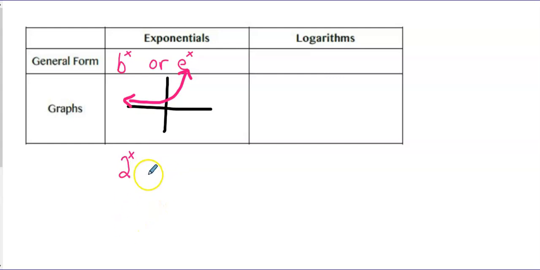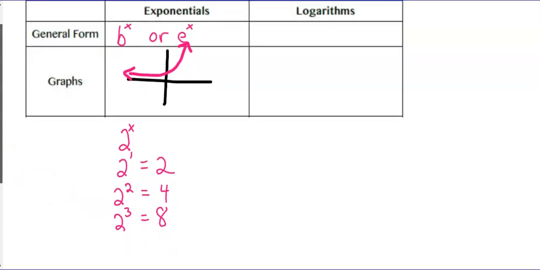Okay, so 2 to the first power might be my first number. That would be 2. So 2 to the first power might be right here. 2 to the second power, 2 squared, is 4. So that's going to be a little higher. And then as I get to higher exponents, that graph really starts to shoot up.